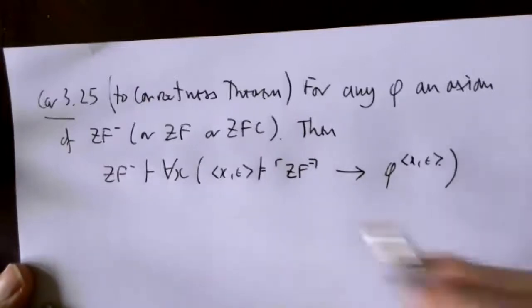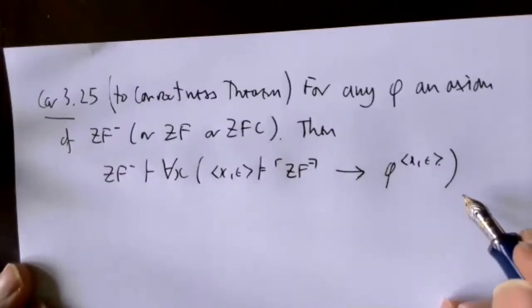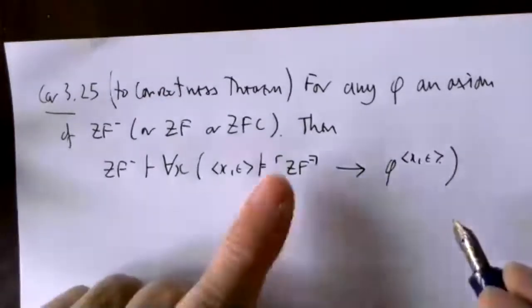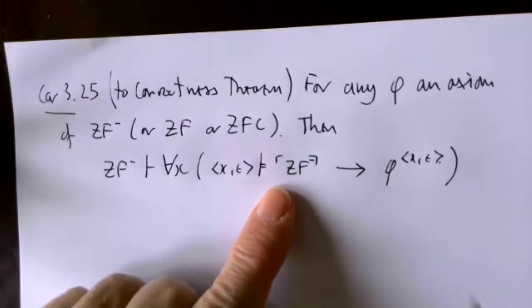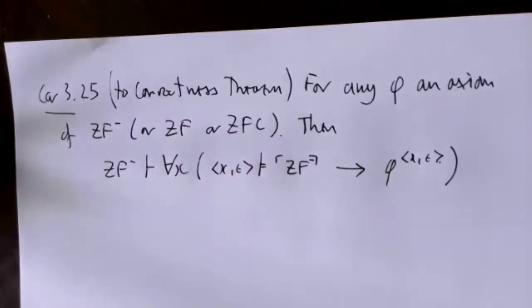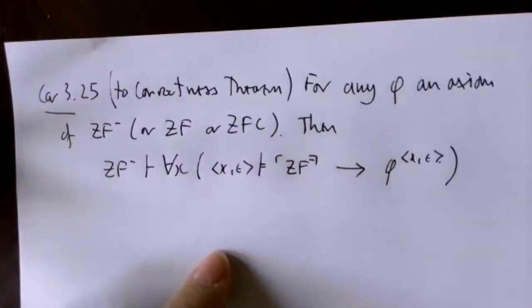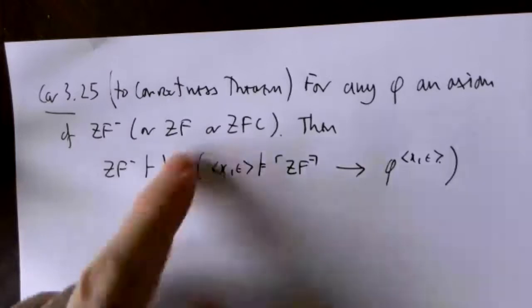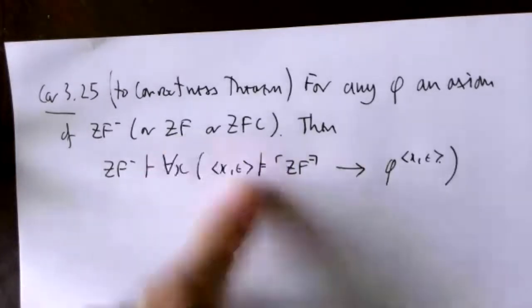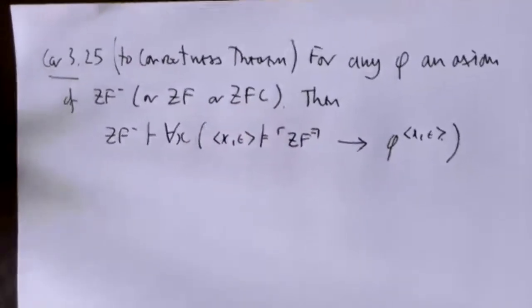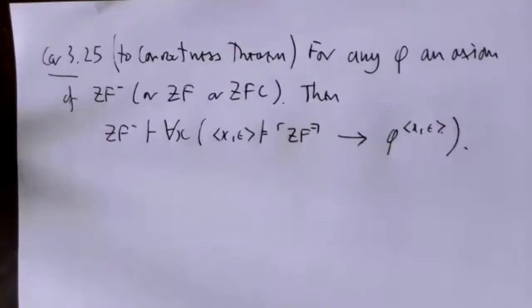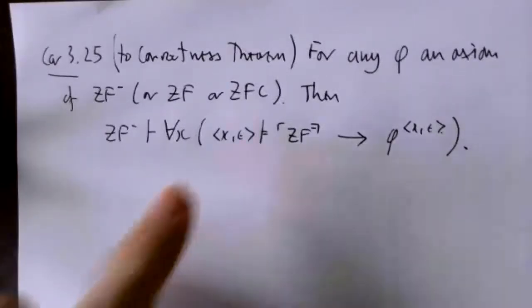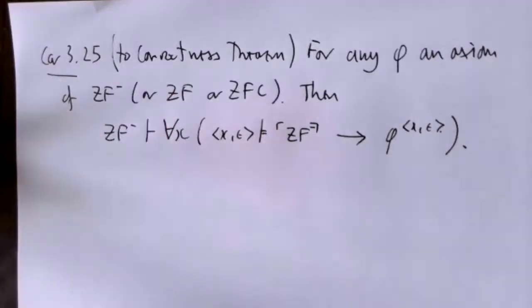So this is just one aspect of the correctness theorem where we've just incorporated this notation for these code sets of formulae here. And the alternative versions would hold just as well, replacing ZF minus by ZF or ZFC. So it's just bringing out one direction of the correctness theorem there.